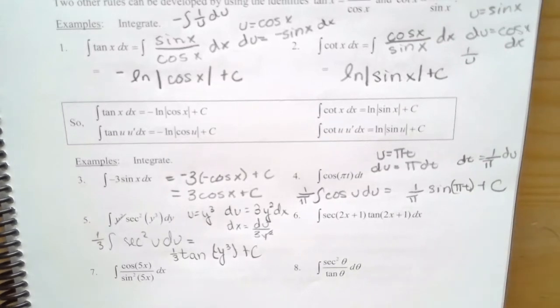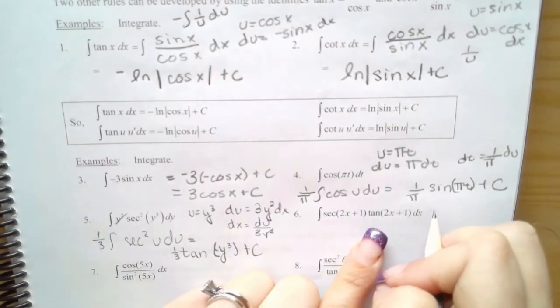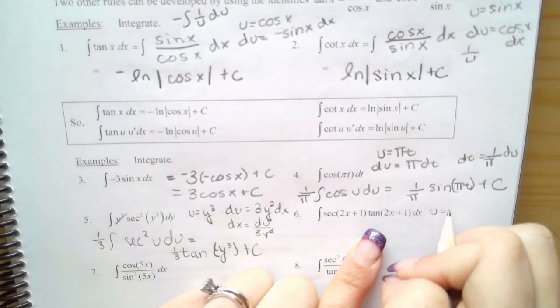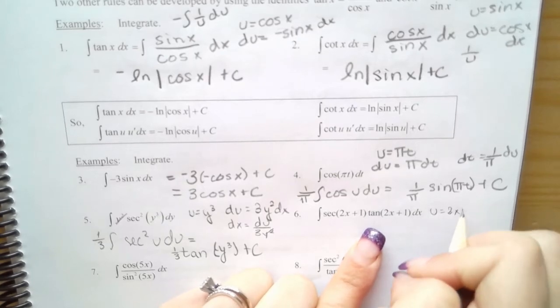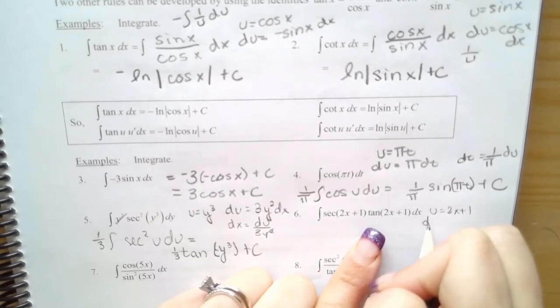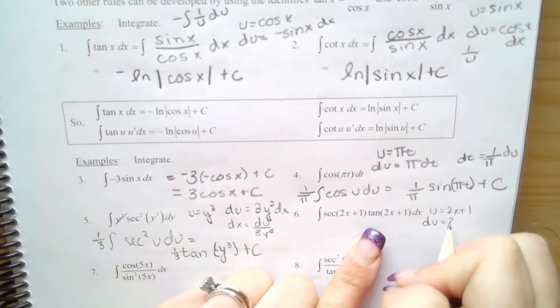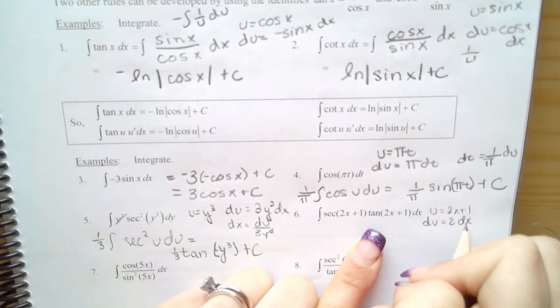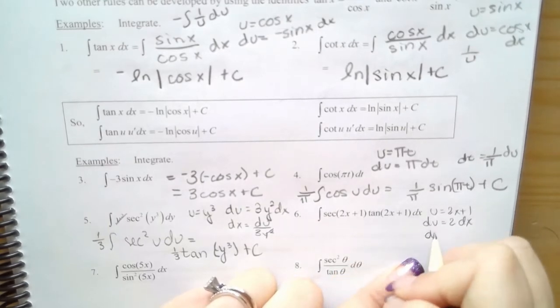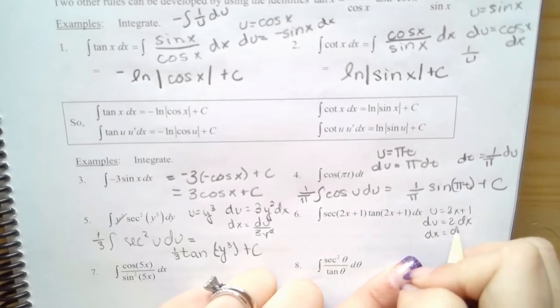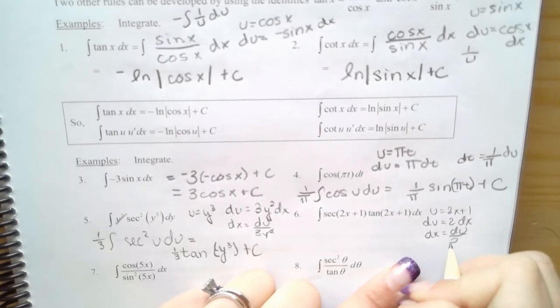Okay. In this one, if I look at the u as 2x plus 1, du is 2 dx, so dx equals du over 2.